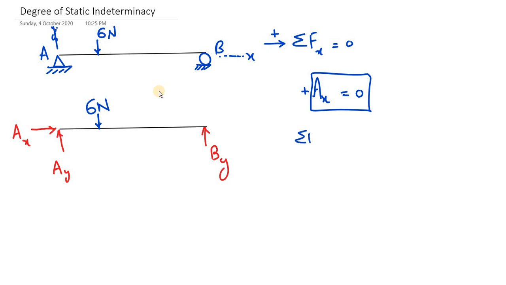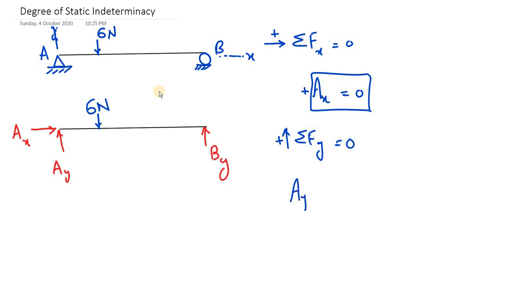Similarly, if you apply summation Fy equal to 0, taking upward forces positive, again the local sign convention is based on the coordinate system. Along positive y, I'm treating those forces as positive if they are along the positive y-axis, upward. So how do I solve this one now?